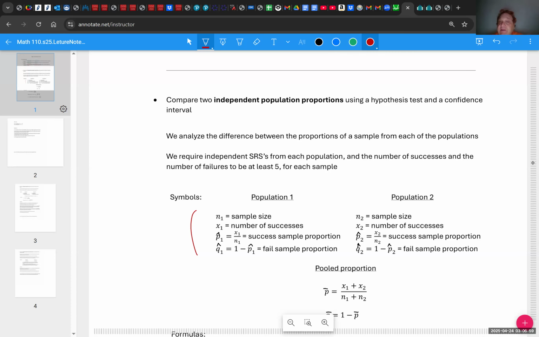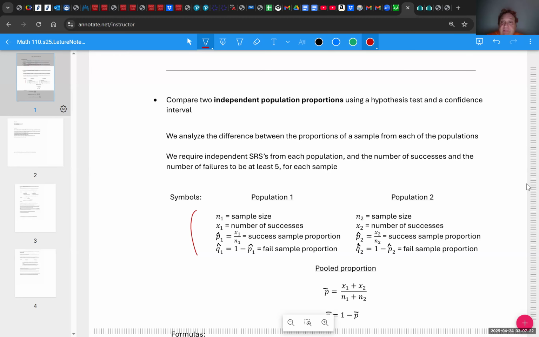And so the ones refer to population one and the twos refer to population two. So we have the sample size and the number of successes, the sample proportion of successes, and the sample proportion of failures. And those use similar symbols as you've seen before, but they also have the little numbers next to them. So we can distinguish one population from another.